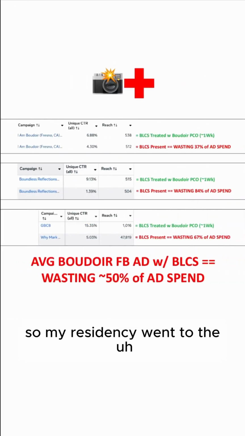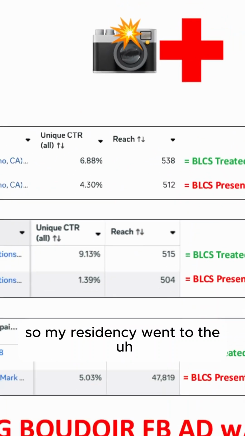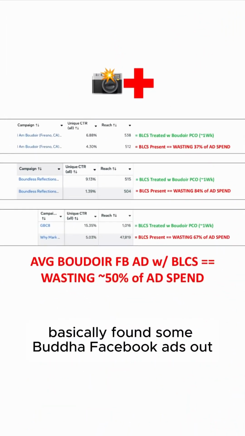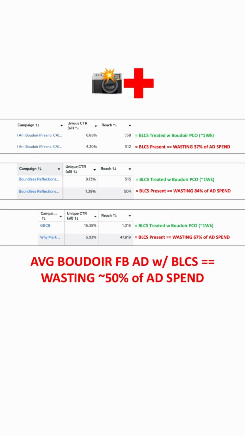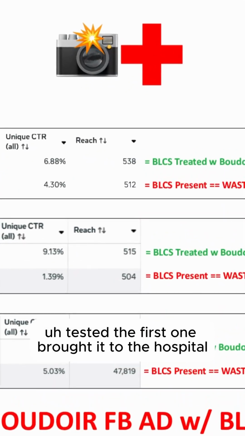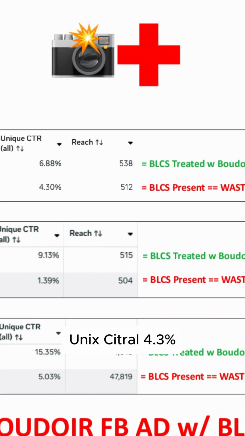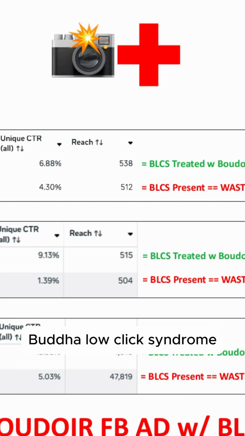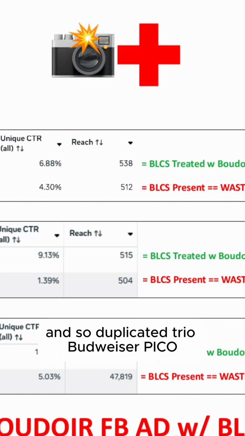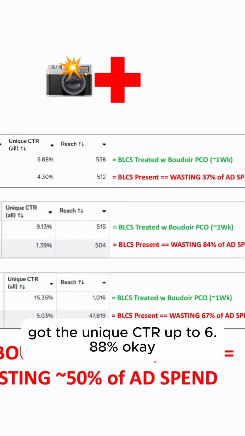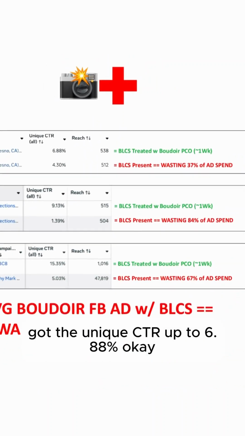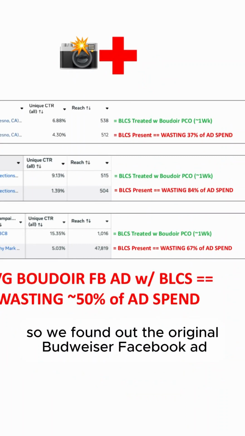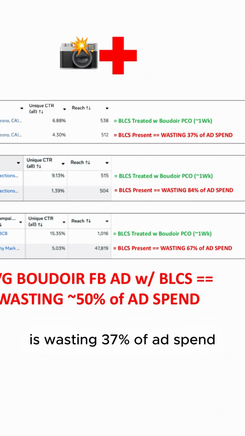So in my residency, I found some Boudoir Facebook ads out in the wild. Tested the first one, brought it to the hospital, unique CTR 4.3%. So BLCS is present because unique CTR is under 6%. We duplicated it, treated with Boudoir Pico, and got the unique CTR up to 6.88%. So we found out the original Boudoir Facebook ad was wasting 37% of ad spend.